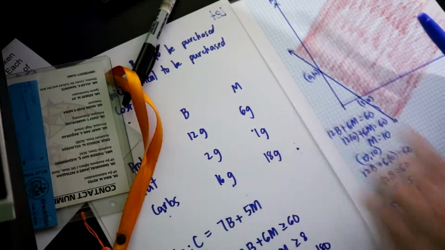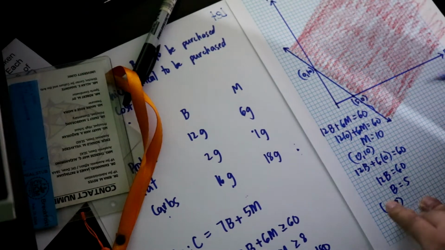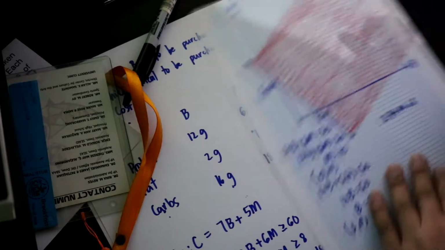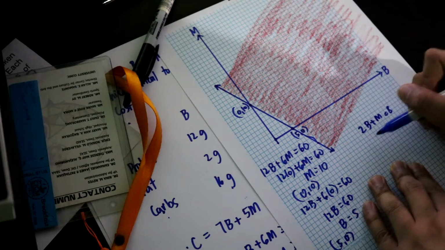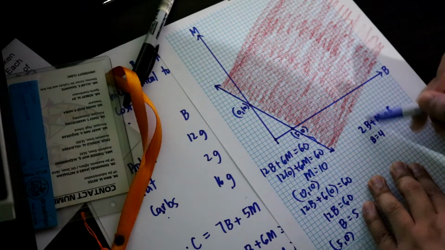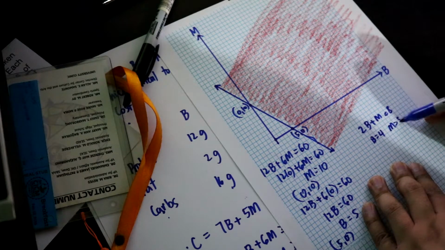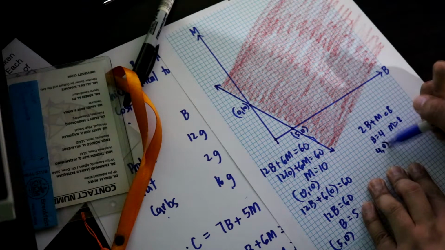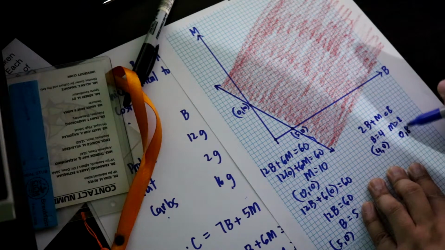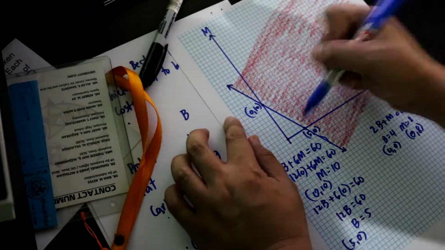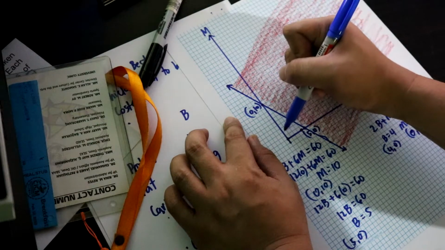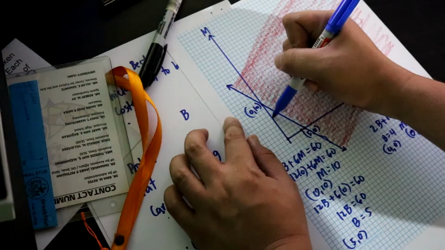Second constraint: if m is 0, b is equal to 4. If b is 0, m is equal to 8. Therefore, we have 4, 0, and 0, 8. 1, 2, 3, 4, 5, 6, 7, 8.